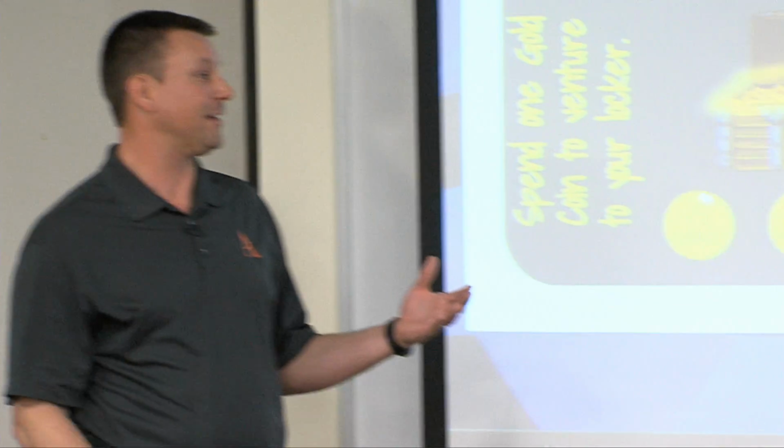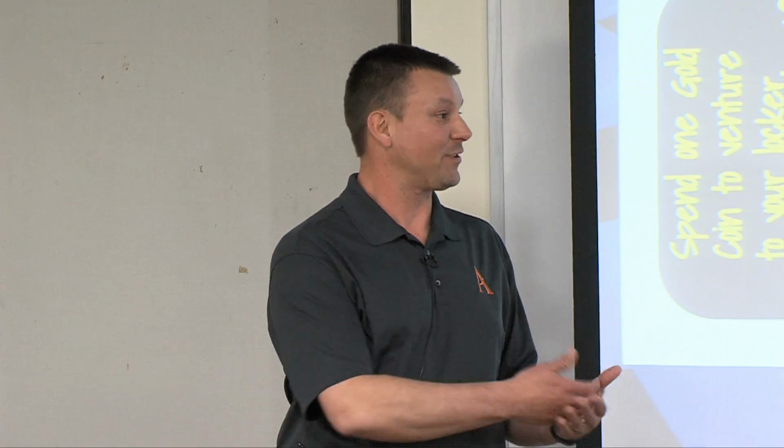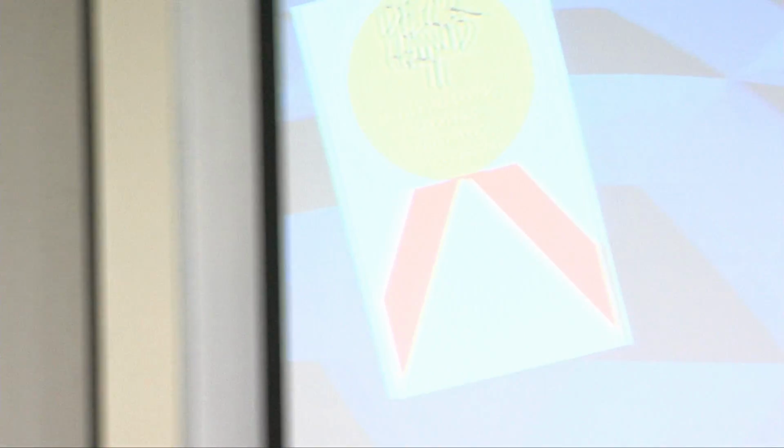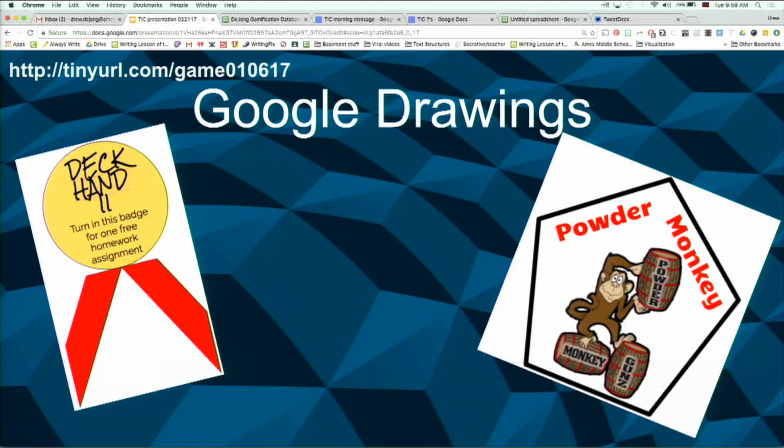I will say, we started out creating the badges and coming up with the ideas. Now it's transitioning to the point where the students are starting to make some of their own and coming up with the ideas, and we're soliciting their feedback. So a couple of student-created ones. We use Google Drawings a lot in our classroom. There's so much you can do with it. I'll show you some more examples in a little bit. Badge designs is one of the things they can do on their own, and I'm taking their suggestions now.